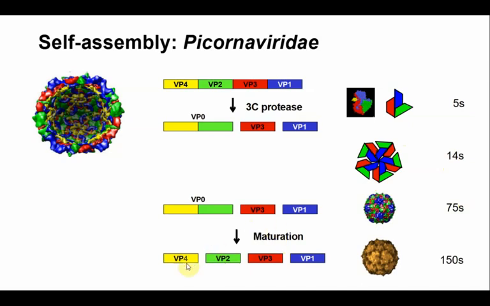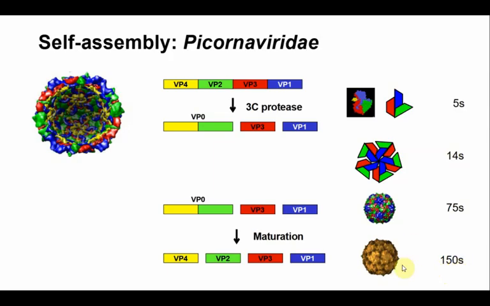And finally, this can incorporate virus RNA, but the final step is the last cleavage, and this is what's going to lock it. This one seems to have no RNA in it because it's too light, right? So here, the sedimentation coefficient is telling you something about the density of the particle. This one has got the RNA in it.